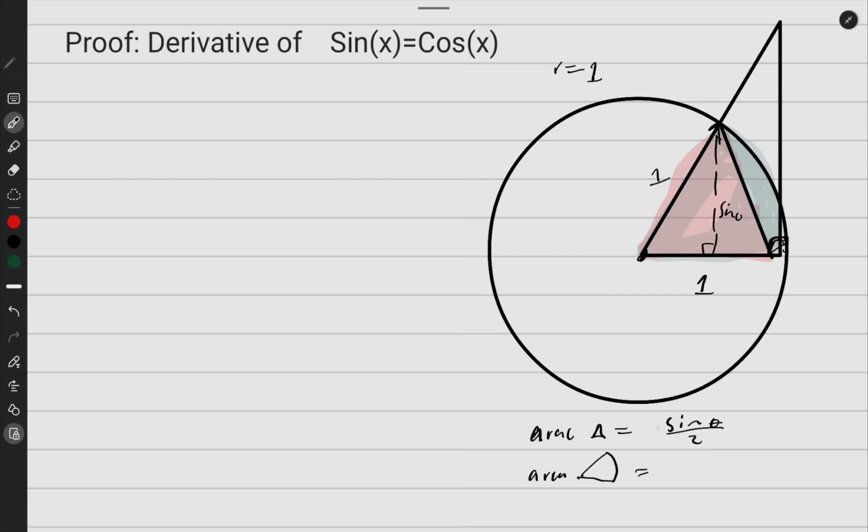We know that the area of the whole circle is pi r squared, but we only want the small theta part, only this piece of slice. So we just want the theta part over the full revolution of the circle, which is 2 pi.